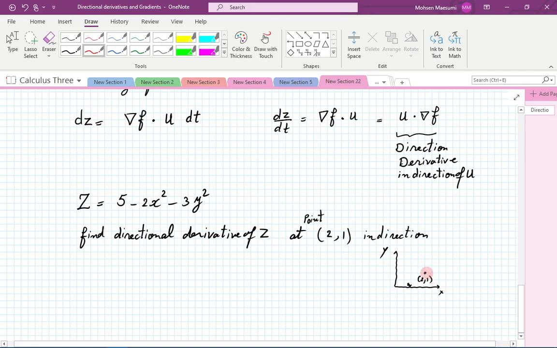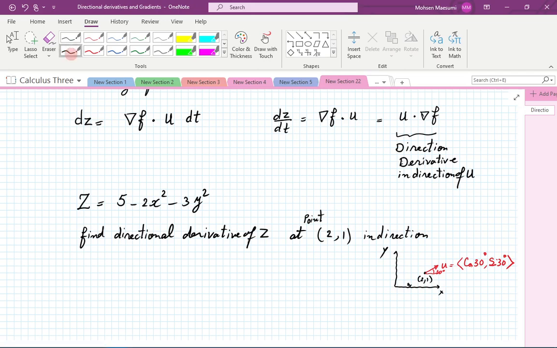The direction vector u. Let's say, for the sake of argument, that we are going at 30 degrees with respect to x-axis. So what would be our direction vector? It's going to be cosine of 30 degrees and sine of 30 degrees. So if I have my angle measured with respect to the axis in the standard direction, then my vector is going to be cosine of that angle and sine of that angle.